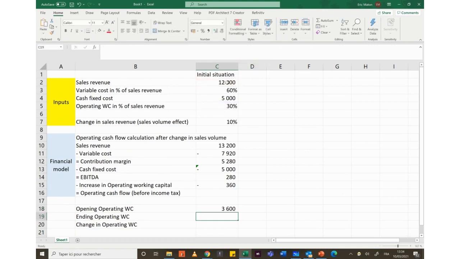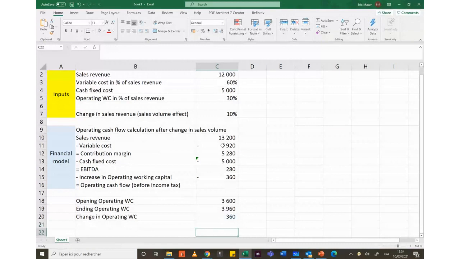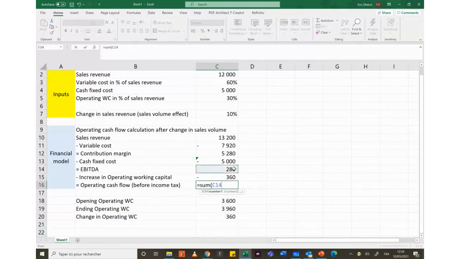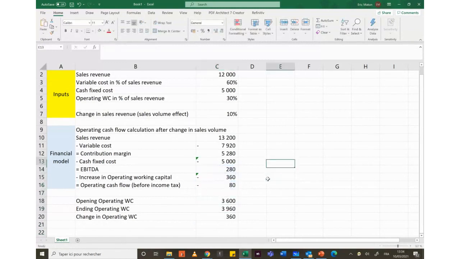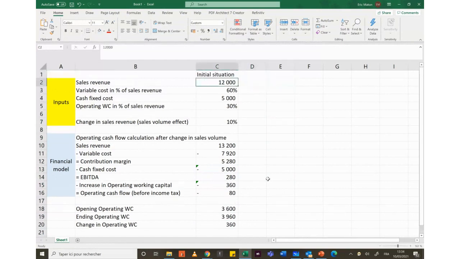The ending is 30% multiplied by the new sales revenue. So the change is this one minus this one, 360. And what we want is minus the increase, because when we increase, it's a cash outflow. And so now the operating cash flow is minus 80. So maybe we can put more. We start with 14,000 in order to have something positive. So 740, okay?